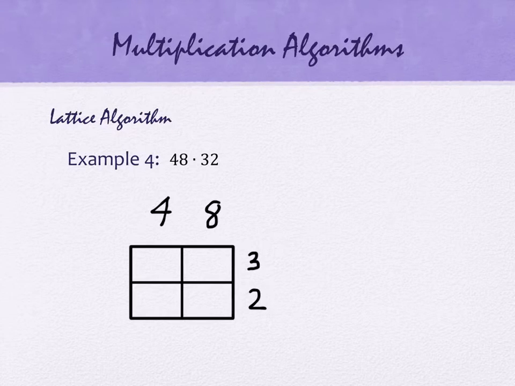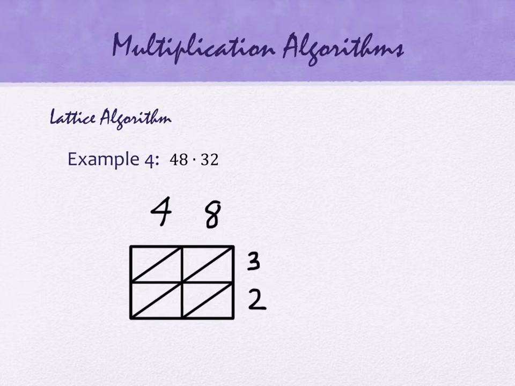Everybody good so far? All right, all 4 of those little grid boxes now, you need to split them with diagonals. And we're going to multiply, much like we did in the last problem, each row and column. So the first one is a 4 times a 3. 4 is in the tens column, right? And 3 is in the top box over here. So I've got 4 times 3, and 4 times 3 is 12.